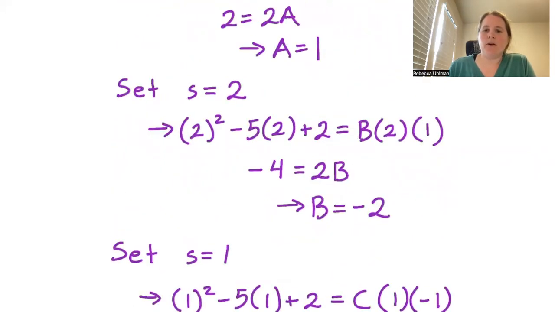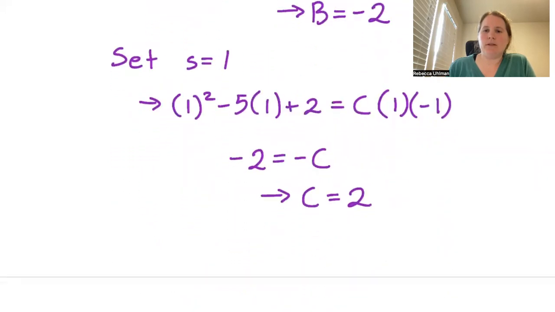So we have a is 1, b is -2, and c is equal to 2.